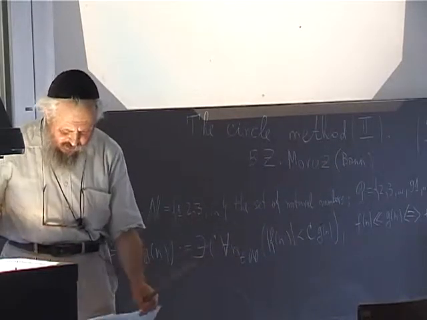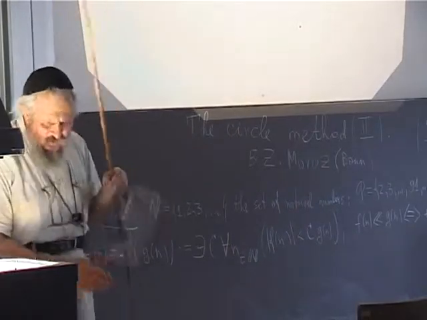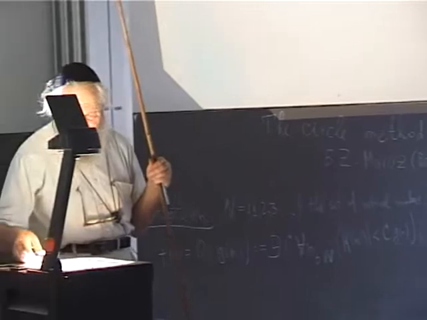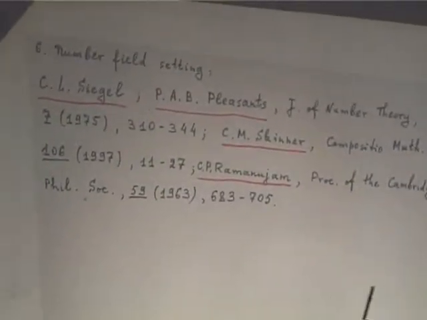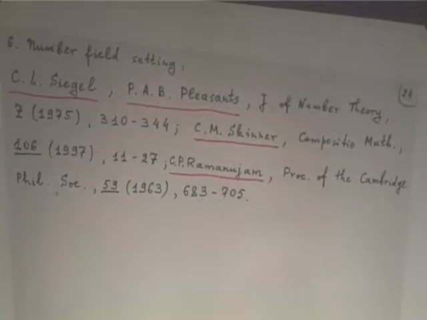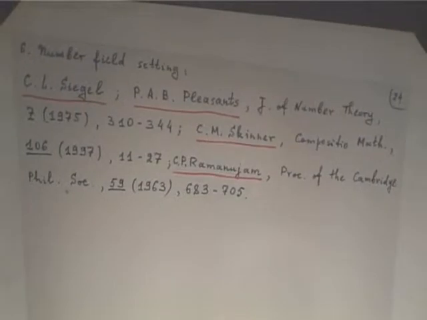As I already mentioned at the beginning, the circle method was not designed to treat rational points of varieties defined over number fields. And Siegel probably was one of the first who tried to use methods of analytic number theory in the number field setting.